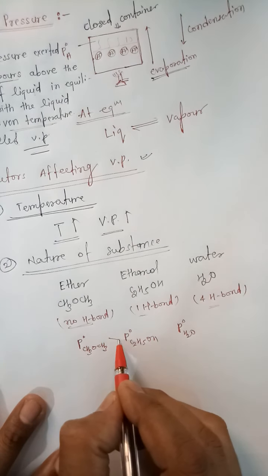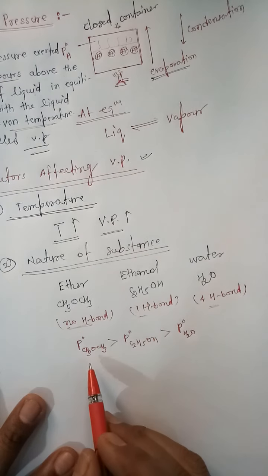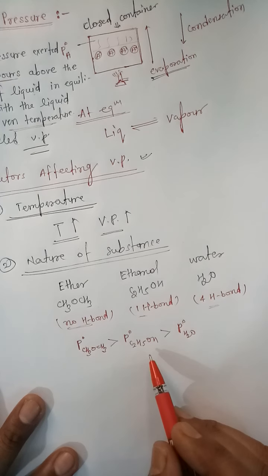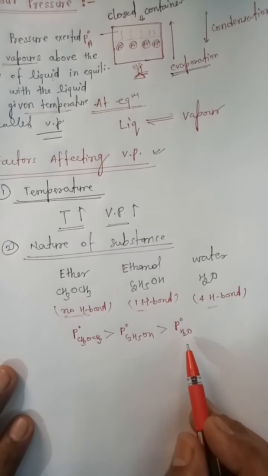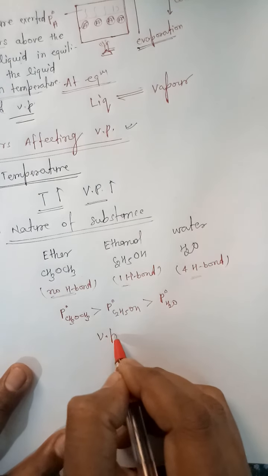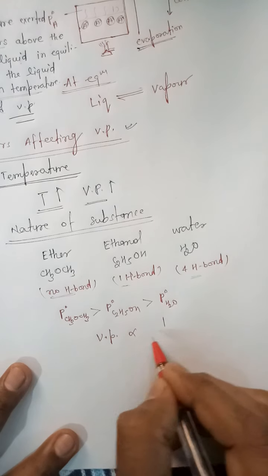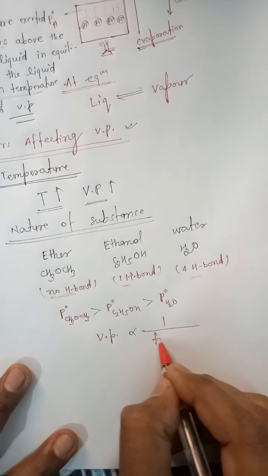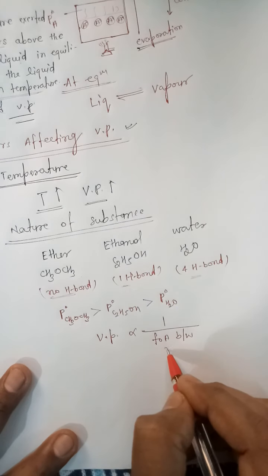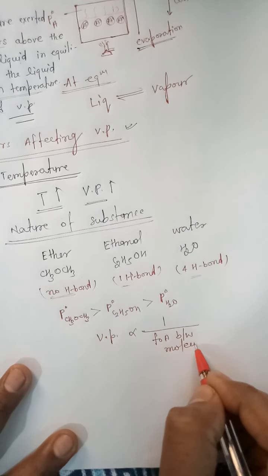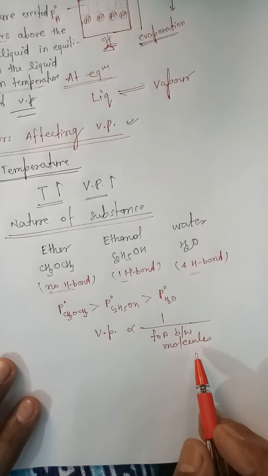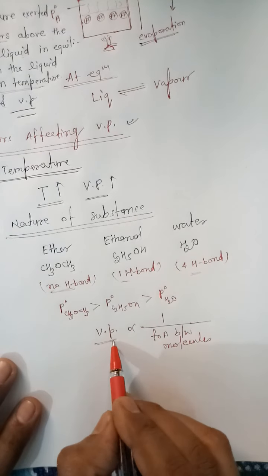So dimethyl ether will have the highest vapor pressure as compared to ethanol and water. So the vapor pressure is inversely proportional to the force of attraction between the molecules. If the force of attraction between the molecules is lower, the vapor pressure will be higher.